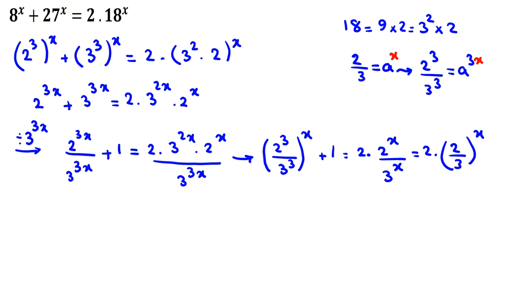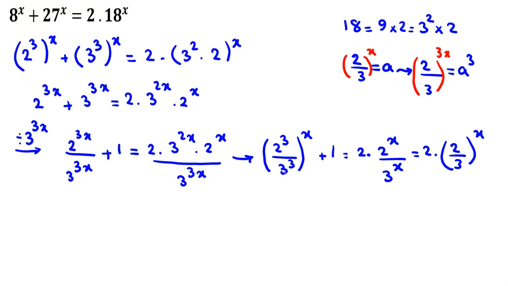Let me show you this one, correct this part. 2 over 3 to the power of x. If I consider this one, then I understand what? Let's check it. So it will be what? A cubed. You can say it is 2 over 3 to the power of 3x. Okay, so now that's good.